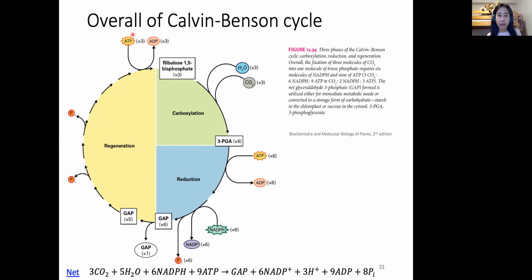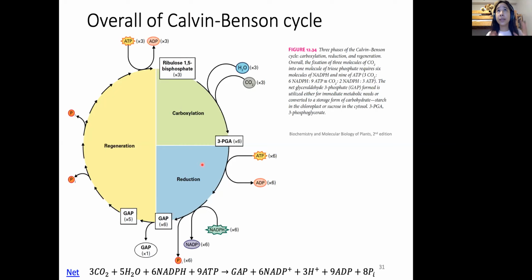If you may recall, the electron transport chain in the light reaction. During the light reaction, you have the linear electron flow where you can make ATP and NADPH. And you also have the cyclic electron flow. You can see that cyclic electron flow gives only ATP, and you combine that knowledge with this picture.